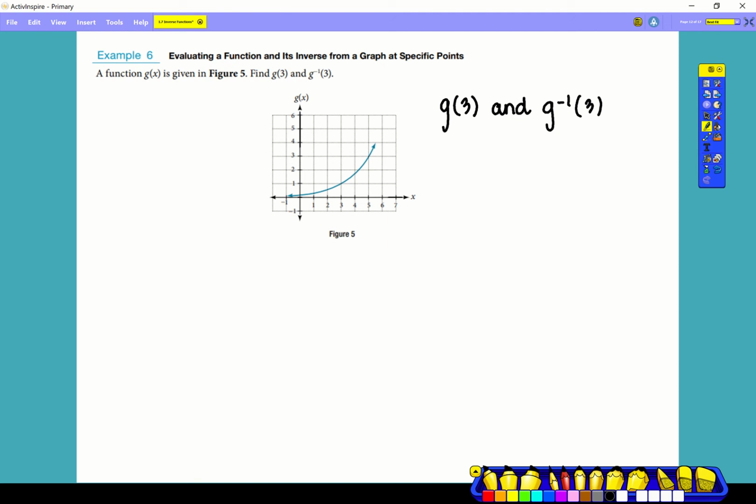So the first thing that we can do, to find g of 3, remember this is where x is equal to 3. We're going to go to x equal to 3. And what is our function value? Looks like it's 1. So now our point is (3, 1). That's what that point is on our original function.